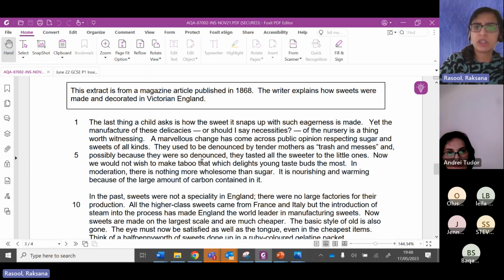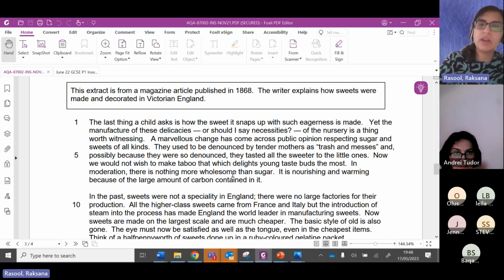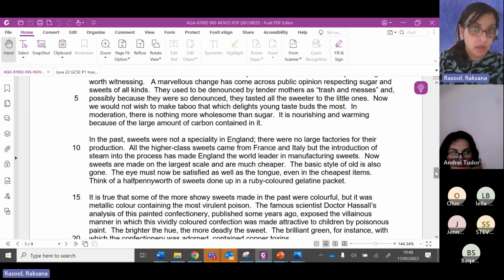And possibly because they were so denounced, they tasted all the sweeter to the little ones. So because kids weren't allowed them, they wanted them more. Now, we would not wish to make taboo that which delights young taste buds the most. In moderation, there is nothing more wholesome than sugar. It is nourishing and warming because of the large amount of carbon contained in it. So far, all positive about sugar and sweets.